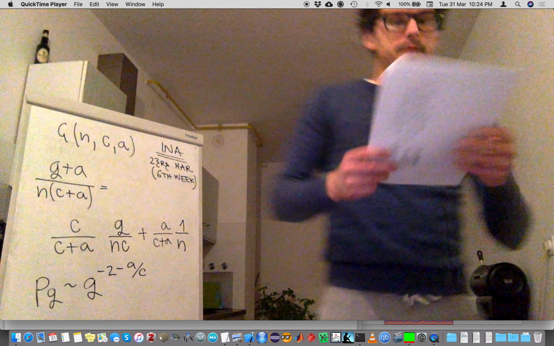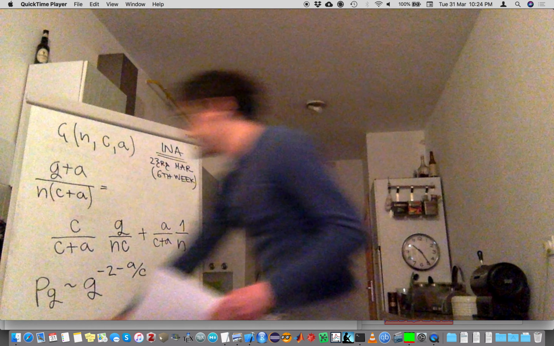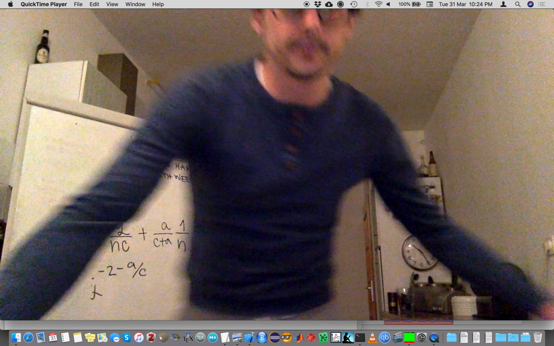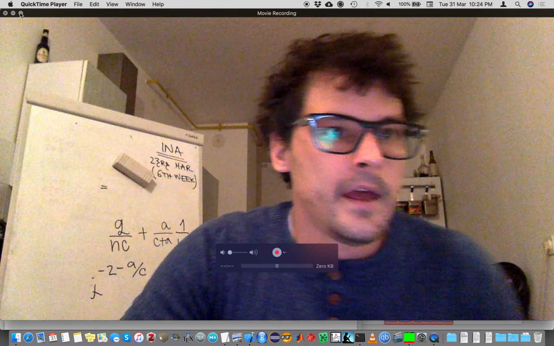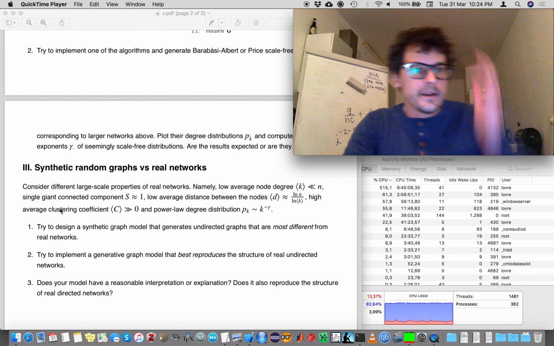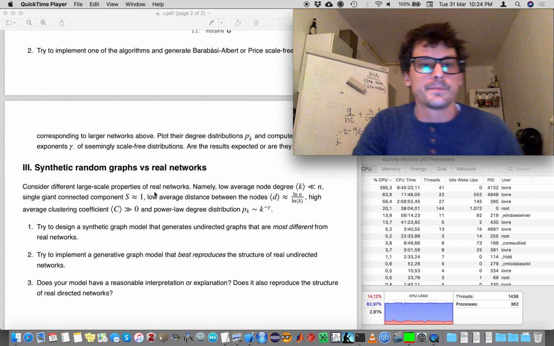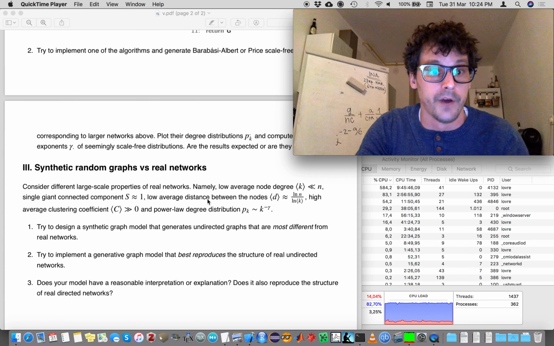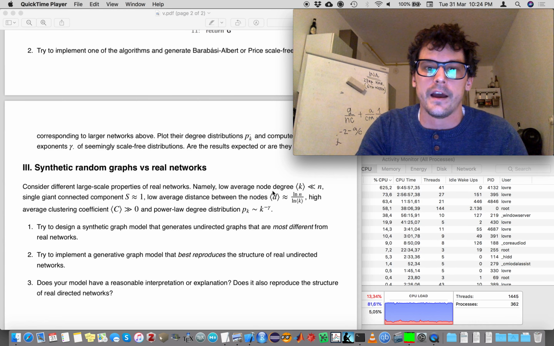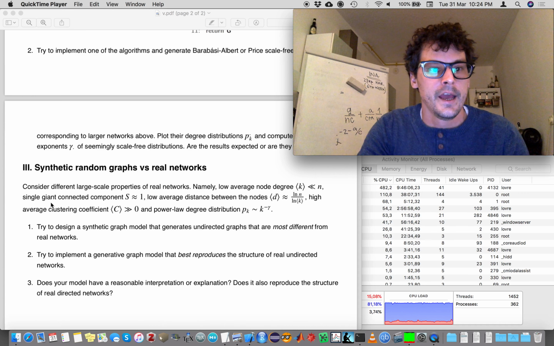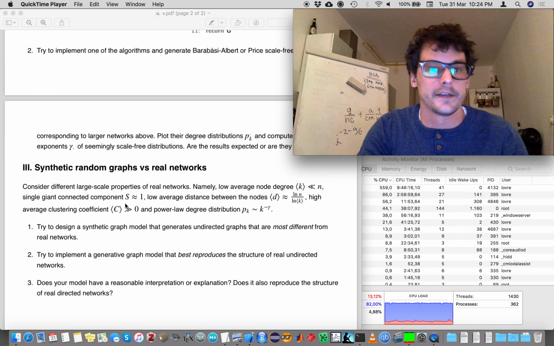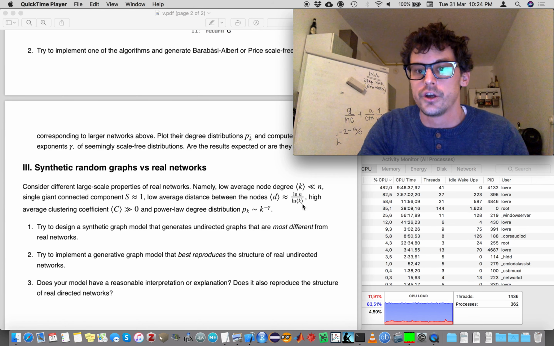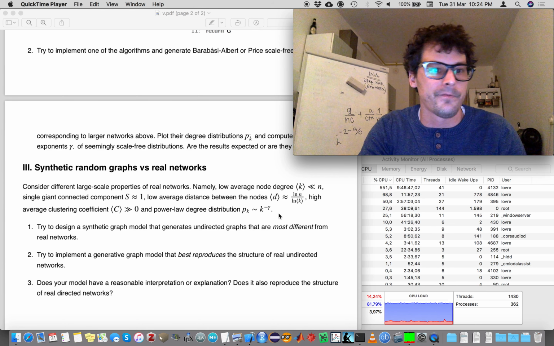Okay, what the exercise says, maybe we can look at that together. The exercise reads, consider different large-scale properties of real-world networks that we have discussed throughout the course. So, networks are sparse, have low average degree, they have a single giant connected component, the distances between the nodes are super short, so they usually scale as a logarithm of n.